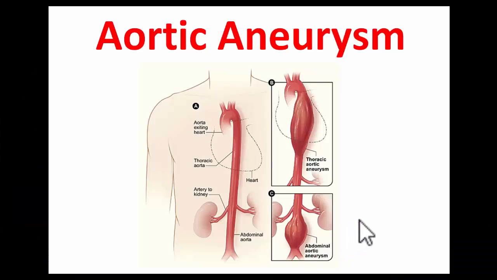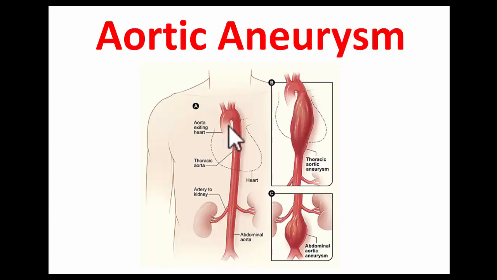So let's begin. Here is a diagram of the main aorta. As you can see, the main aorta starts at the left ventricle. It arches in the upper part of the chest and becomes the descending thoracic aorta, and it goes beyond the diaphragm into the abdomen as the abdominal aorta before eventually, in the groin, it bifurcates into the common iliac arteries.